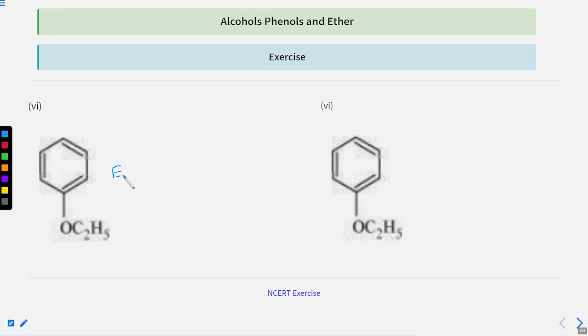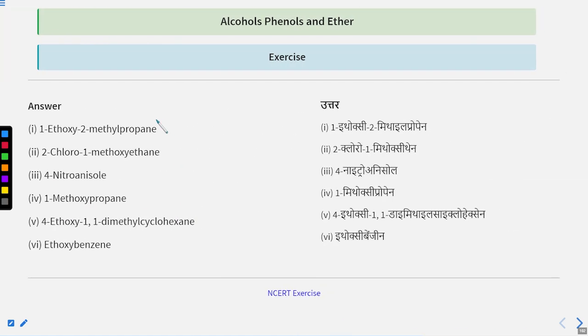Next, again we have ethoxybenzene. So ethoxybenzene, 2-chloro-1-methoxyethane, 4-nitroanisole. So they have written the common name. I was giving the IUPAC name. Then we have 1-methoxypropane, 4-ethoxy-1,1-dimethylcyclohexane. Okay. So what they have done is they've given the methyl group first numbering.